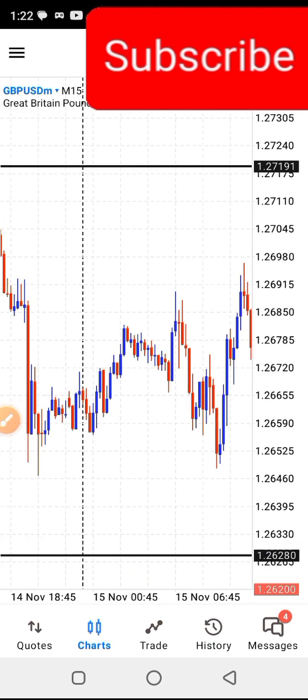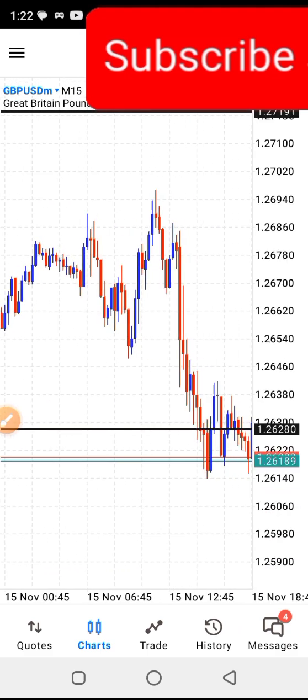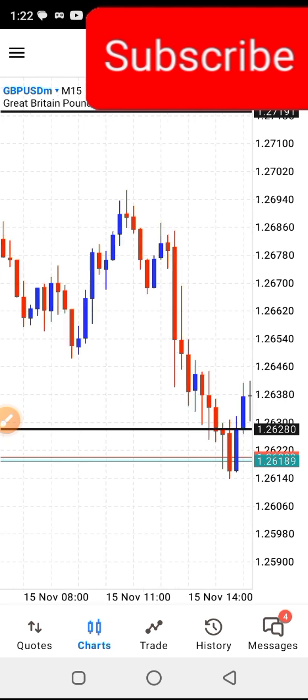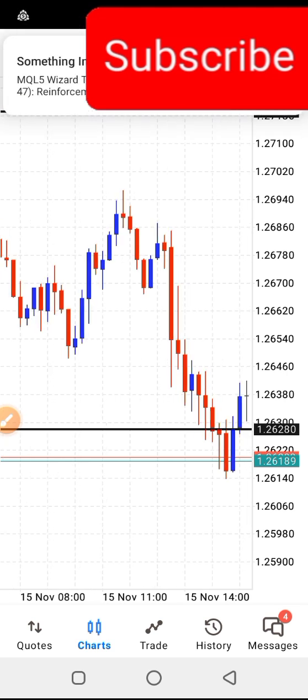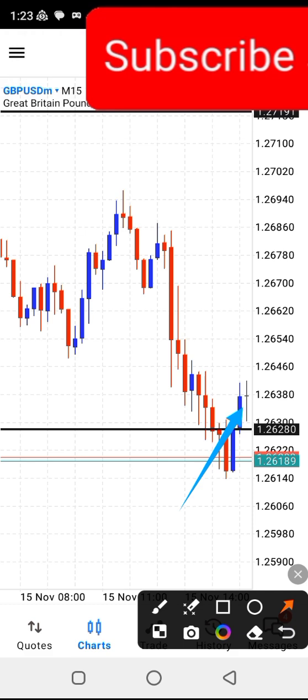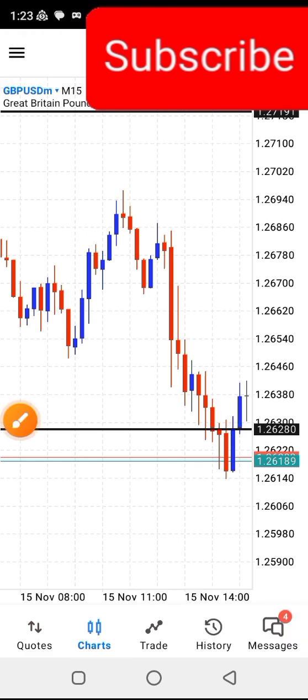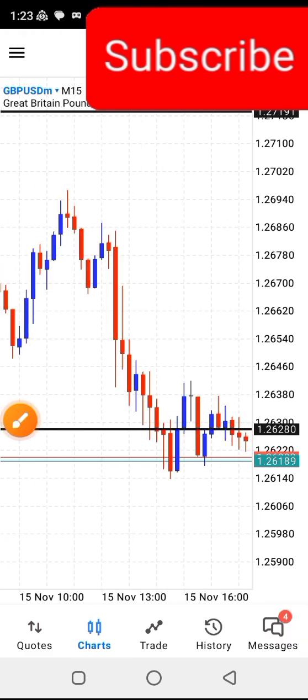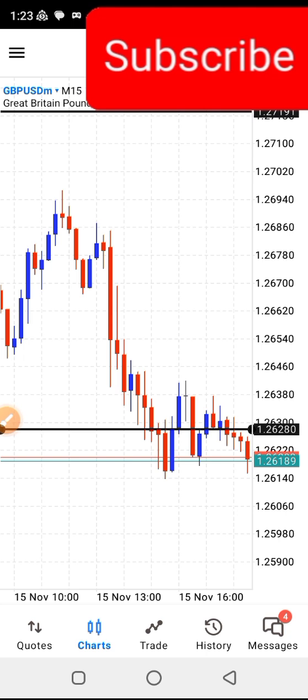So let's see what is going to play out on Friday. So the low got broken again, and this is the first candle that closed above that low. So you already know what I'm going to do with that candle. I want to copy this.